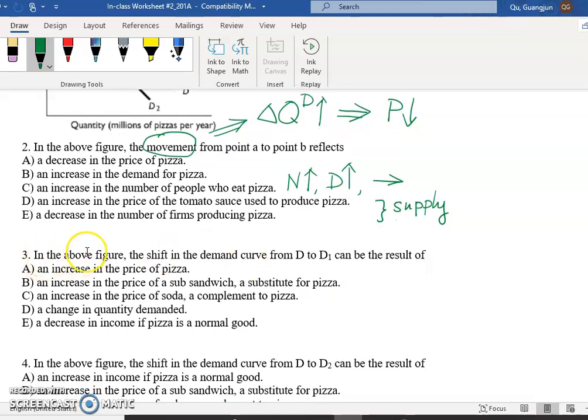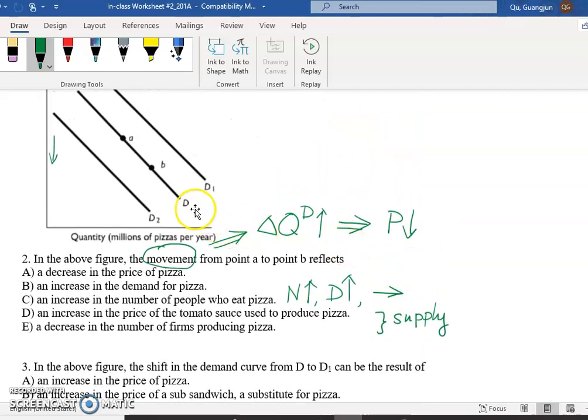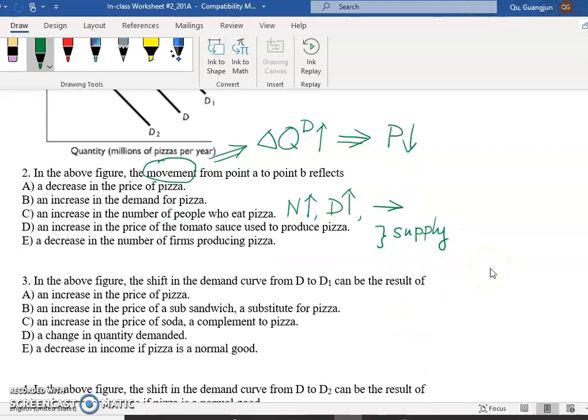Okay, number 3. In the above figure, the shift in the demand curve from D to D1 can be the result of. Now from D to D1, we know this is a shift, right? The question already told us it's a shift. More specifically, this is a rightward shift. Okay, and we said that the rightward shift in the demand curve is just a graphical representation of higher demand.